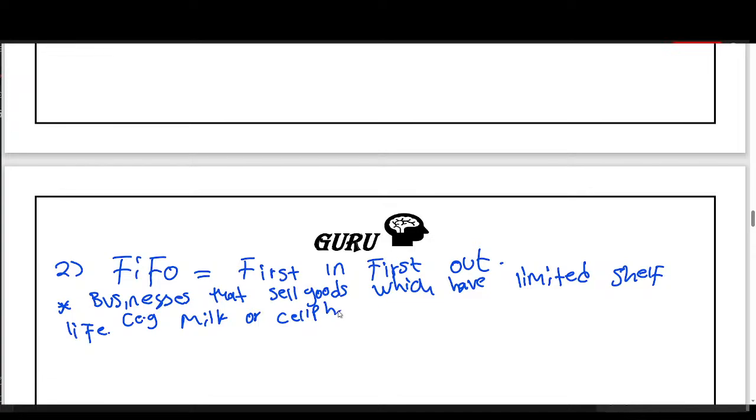Okay. I want to tell you about cell phones. Cell phones use the FIFO method. I want to give you an example. You go to a Vodacom shop. The phones that they display there are the phones that came in last. Because should they put new phones in front, everyone is going to buy the new phones that are in fashion.